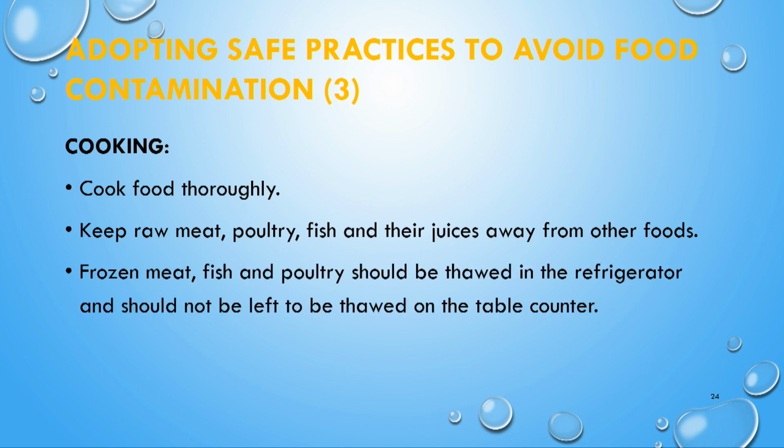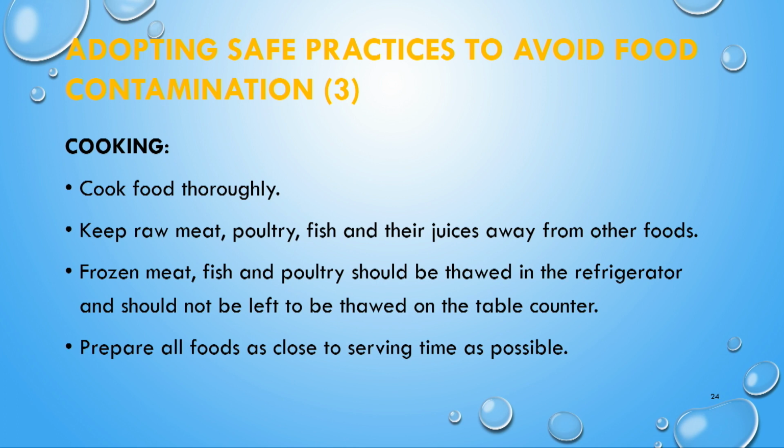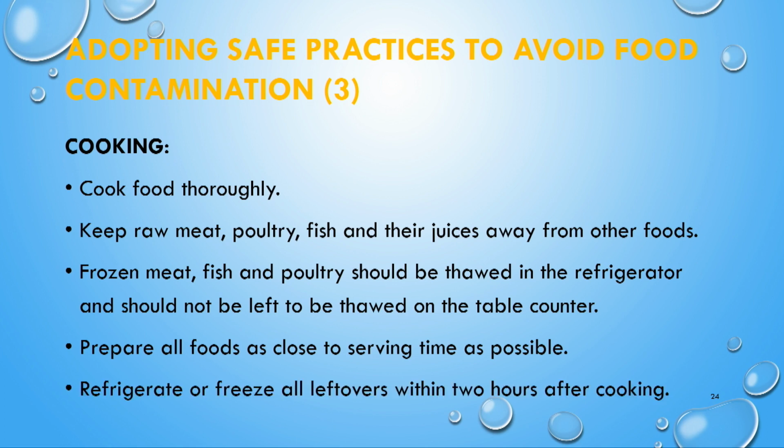Frozen meat, fish, and poultry should be thawed in the refrigerator and should not be left to be thawed on the table counter. Prepare all foods as close to serving time as possible. Refrigerate or freeze all leftovers within 2 hours after cooking.